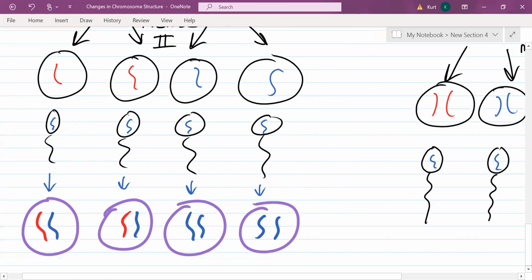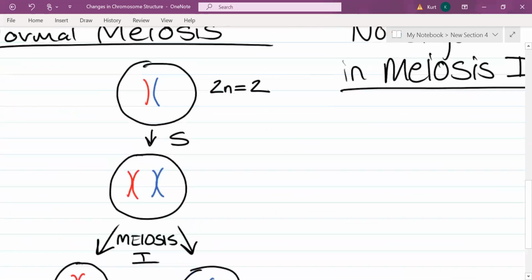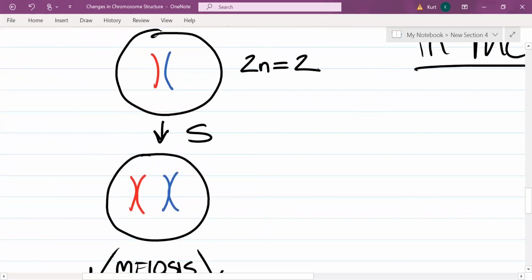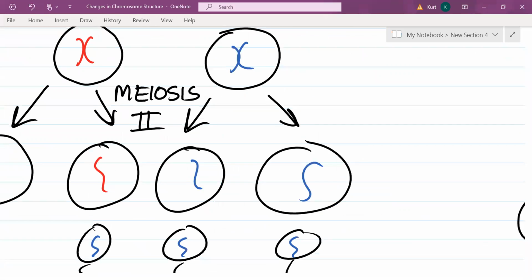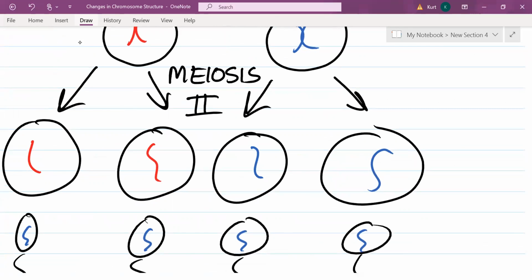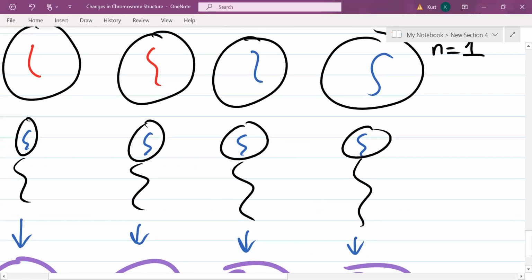So let's be clear about something. You said at the very top, the parent cell is diploid. I'm going to try to slow myself down because I know I'm going fast and it's not helping. What is the cell condition of these egg cells, diploid or haploid? They're haploid, and haploid would equal what in this case? What number? Good. What is the cell condition of these sperm cells? Haploid or diploid? And what is their haploid number?